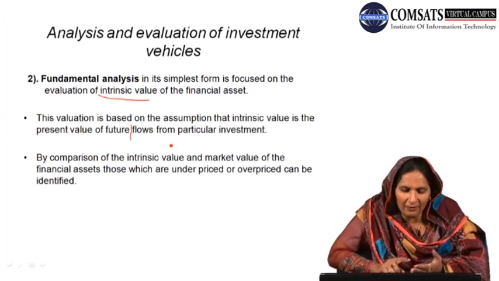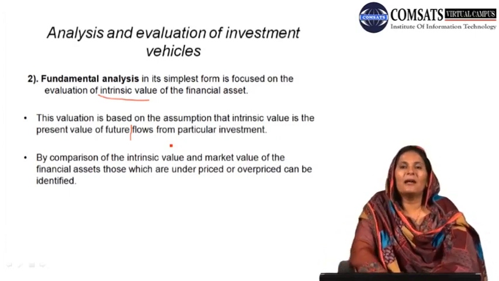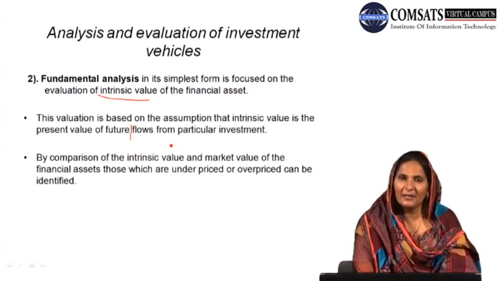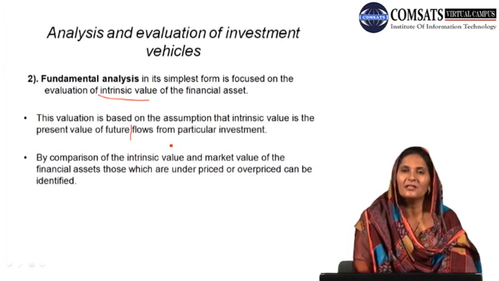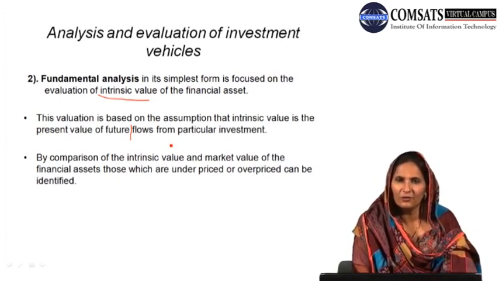It tells us that we have two important values. One is the market price of any asset, and the other is the intrinsic value of any asset. Market price is the measure at which we trade in the market for that particular asset. Intrinsic value indicates the intrinsic worth of that particular asset. If the asset is worthy at present time period, it will be worthy and valuable in the future time period.